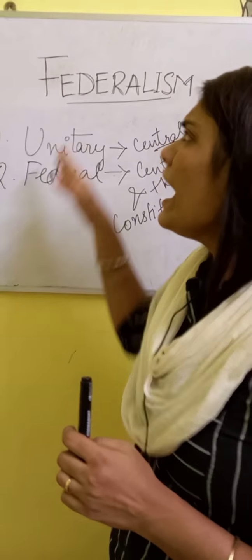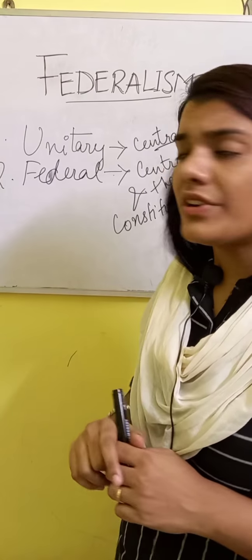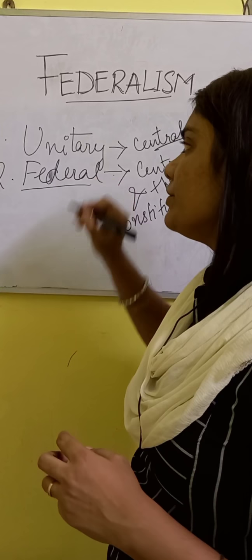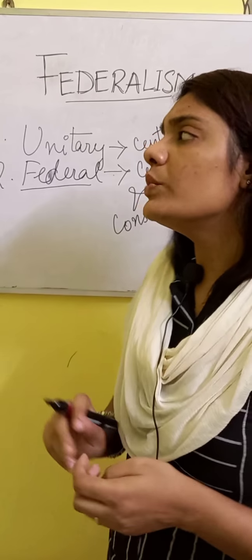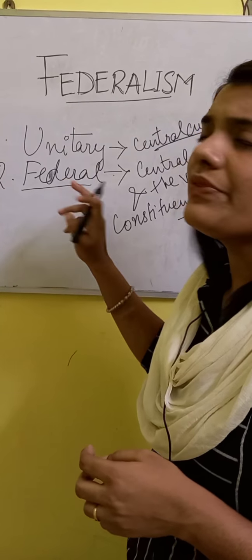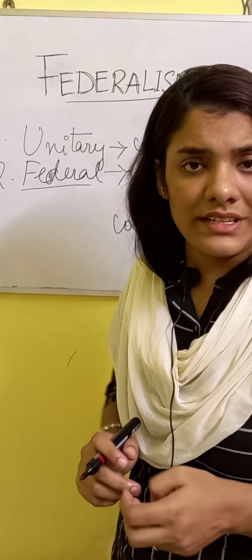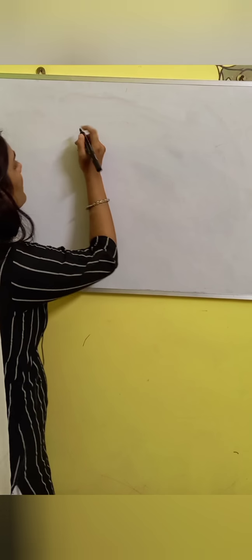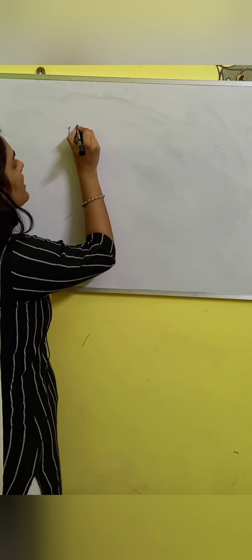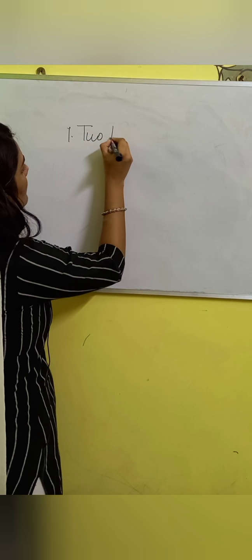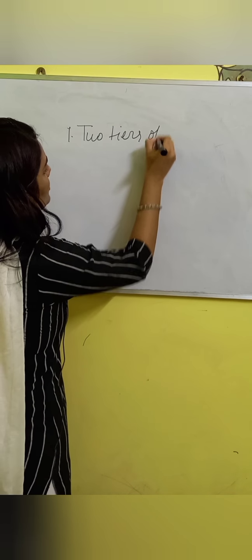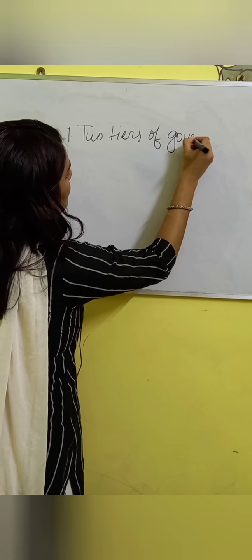Now, as the chapter is related to the federal form of government, we are going to study some of the key features of federalism. The first feature of federalism is that there are two tiers of government.